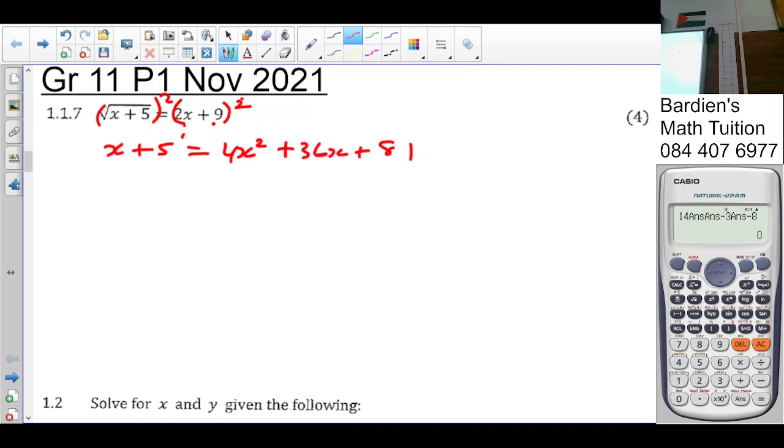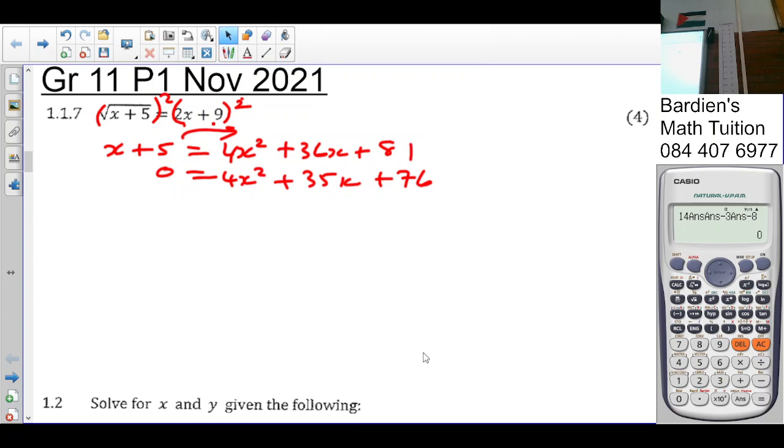So you take everything to one side. So 0 is equal to 4x squared, 36x minus x is positive 35x, 81 minus 5 is 76. Okay. So again we use the quadratic formula.